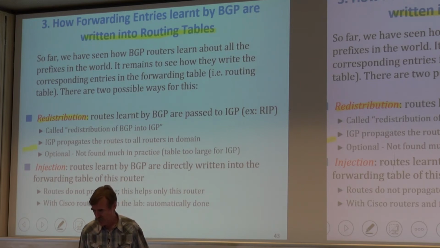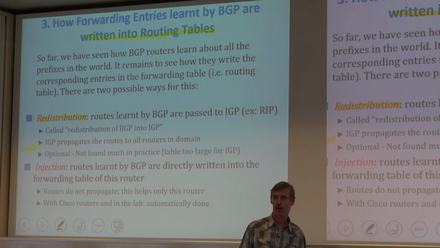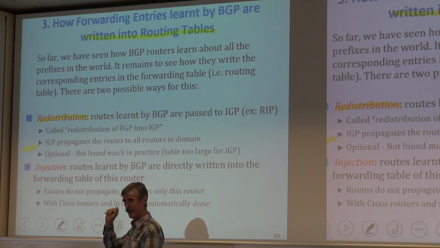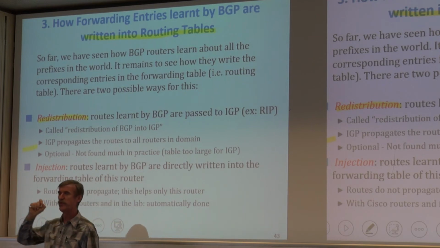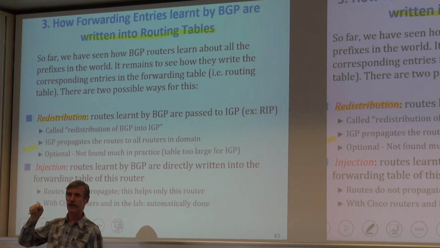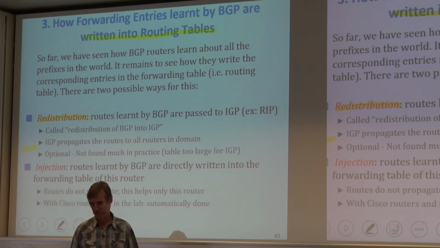If we do this, the IGP, RIP for example, the interior routing protocol, will pass the information to all domains. So if I have one border router in one part of my network that knows about routes that go to China, for example, it injects it into RIP, and then all routers in my domain will know that they have to go to this specific router in order to go to China. So that's the natural thing.